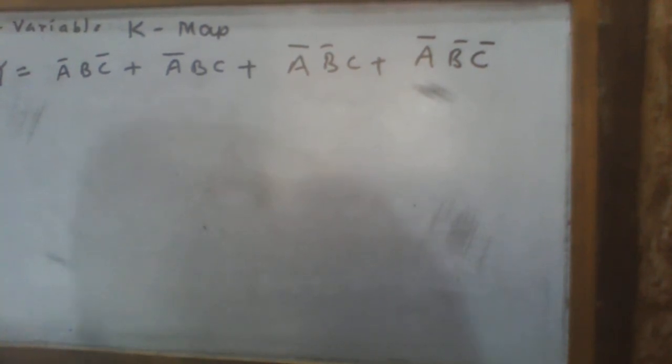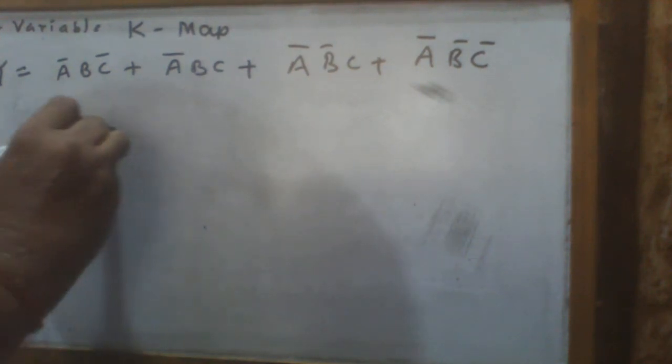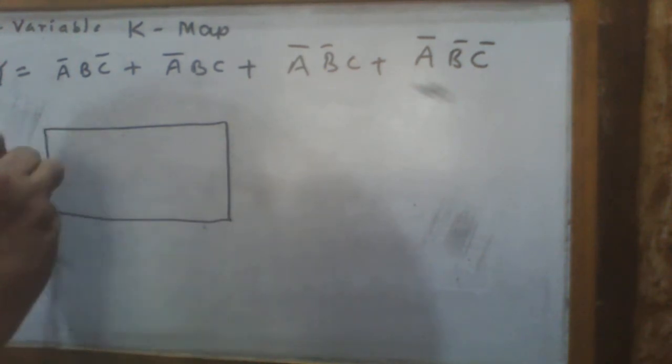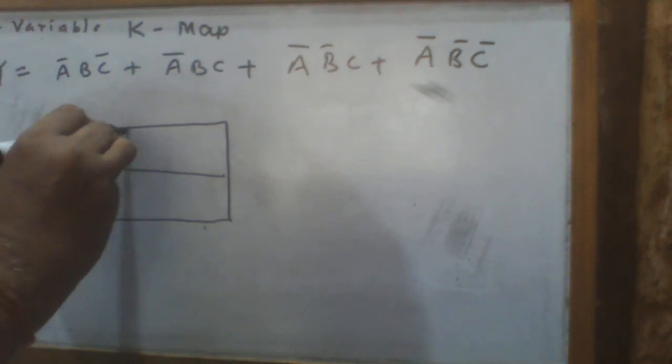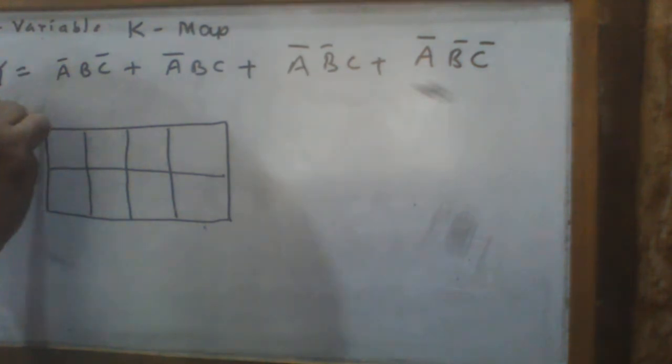Suppose this is the given equation and it is asked to plot this equation in K-map and reduce the given equation. Okay, in this equation 4 terms are present having 3 variables. In each term 3 variables are present either in true form or in the complement form.